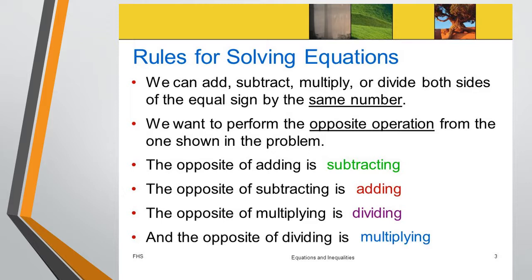So we have some rules for solving equations. Here's your operations. We can add, subtract, multiply, or divide both sides of the equal sign, both sides of the scale, by the same number. So what they're saying is, remember the scale that we had. I'll just draw a crude little model here. Okay.